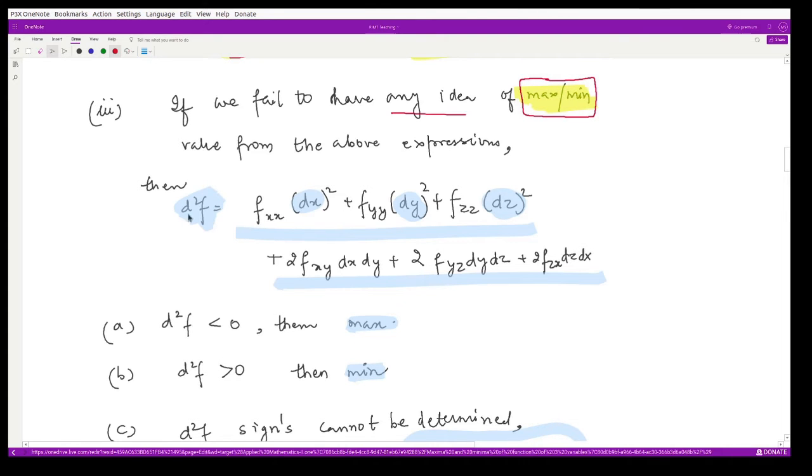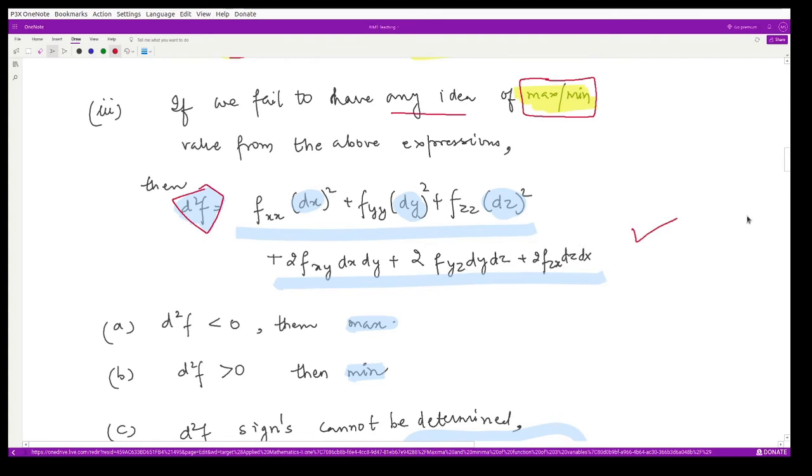So for that we have to compute d2f. What is d2f? d2f is this expression: fxx dx whole square plus fyy dy whole square plus fzz dz whole square plus 2fxy dx dy plus 2fyz dy dz plus 2fzx dz dx.